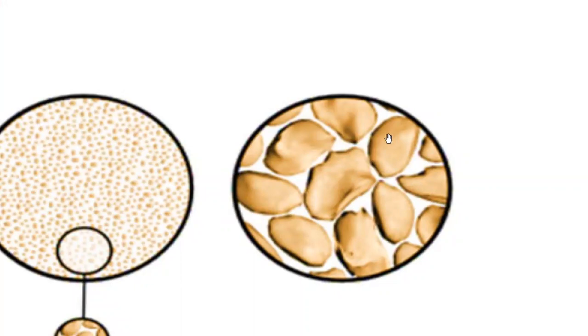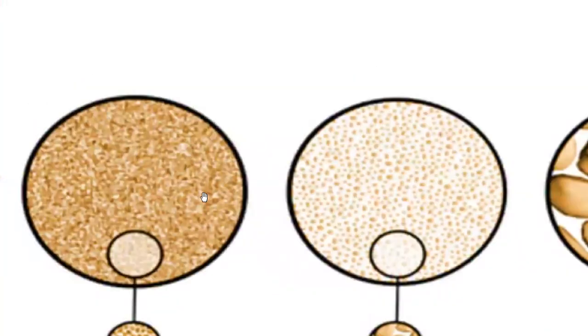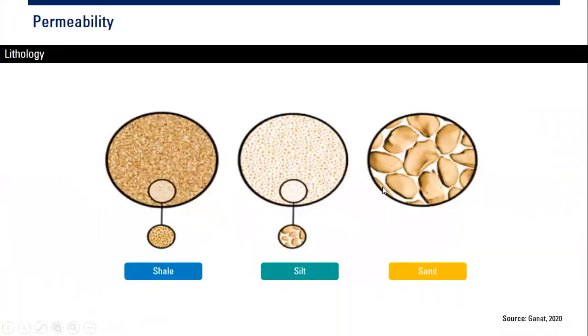And we have many channels here. But here it is very tight. The space that enables the rock to flow fluid is very, very small. So shale will have very low permeability, but sandstone can have high permeability.